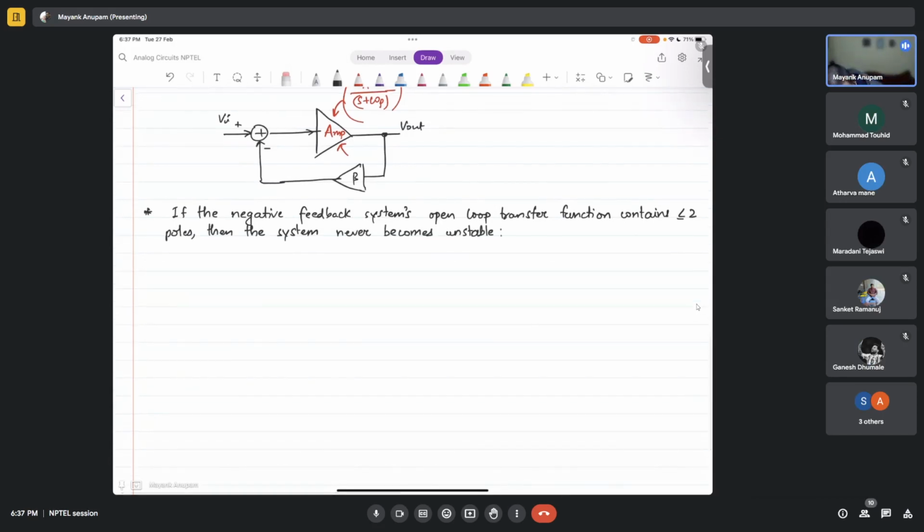Such a system can be called unconditionally stable because you do not need any condition on it other than the number of poles. Once you have that system, it will never become unstable.